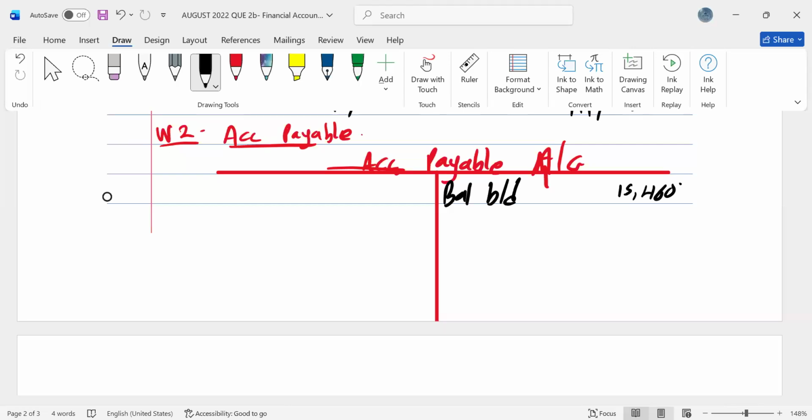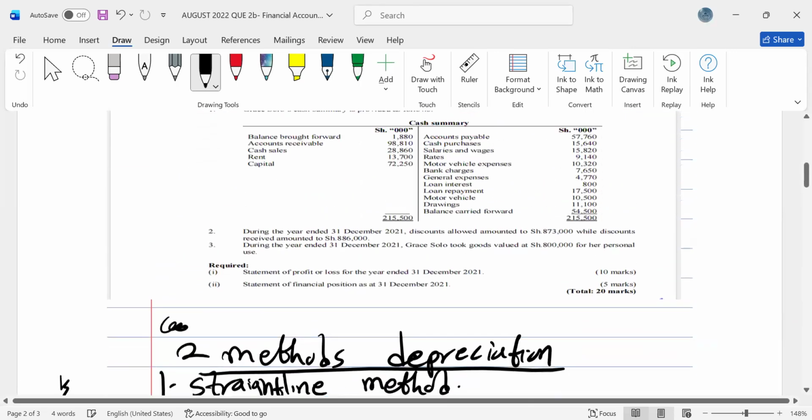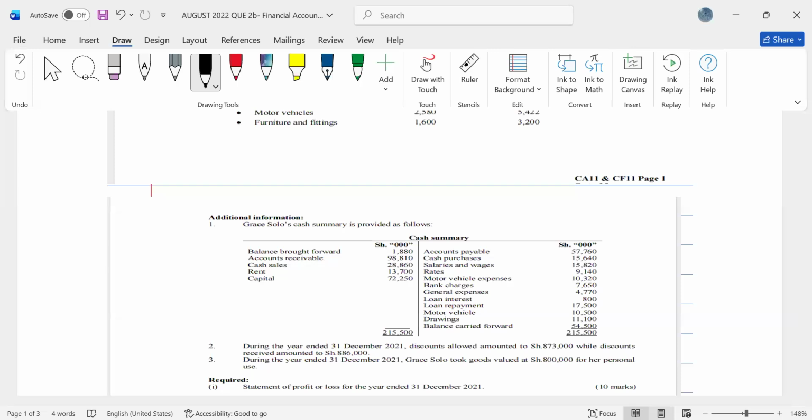Then what will reduce our accounts payable? It's if they have made any cash purchases, so we call it bank or cash purchases. Note number 2, purchases which were on the credit side.